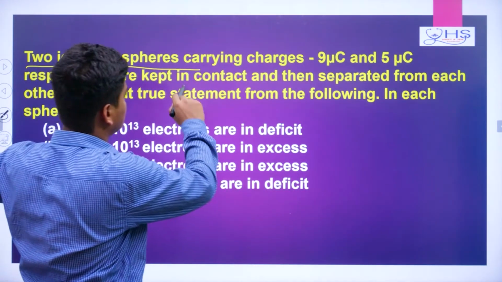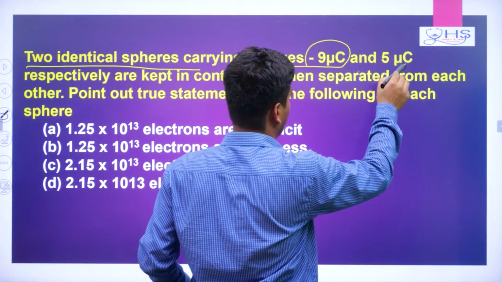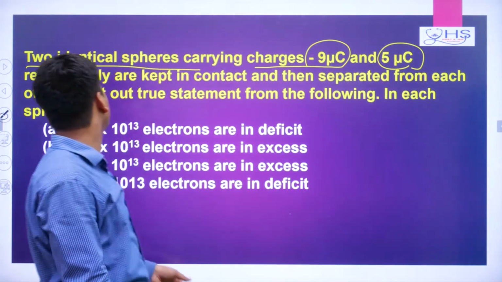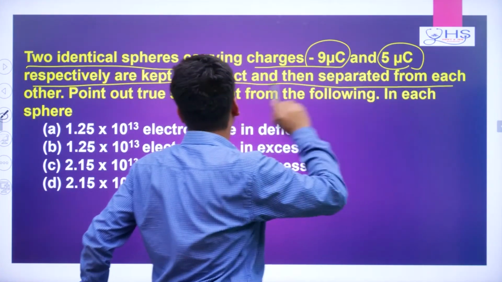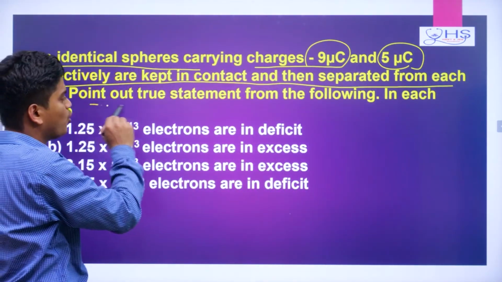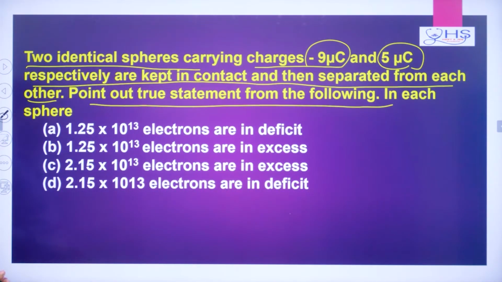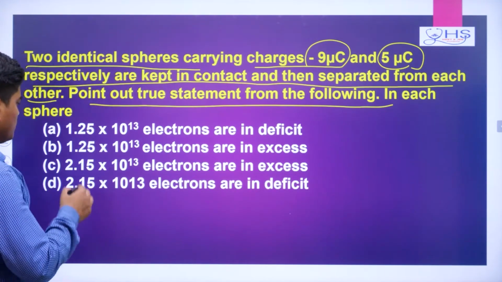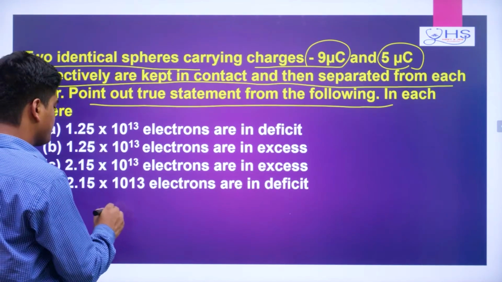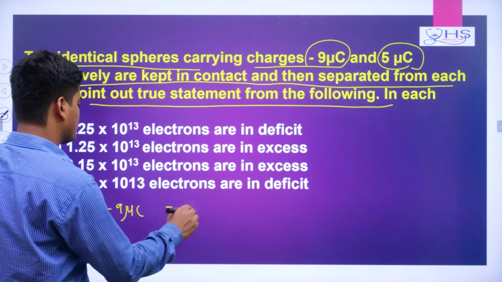Two identical spheres carrying charges minus 9 microcoulomb and plus 5 microcoulomb respectively are kept in contact and then separated from each other. Now point out two true statements from the following in each sphere. Options A, B, C, D are given. Try to understand: there is minus 9 microcoulomb and another is plus 5 microcoulomb.